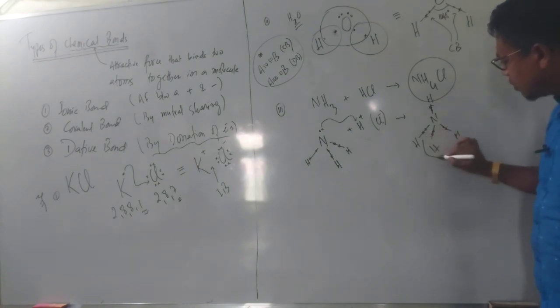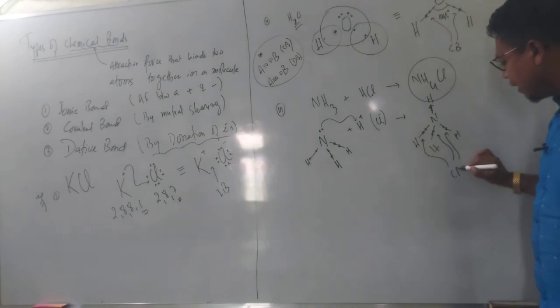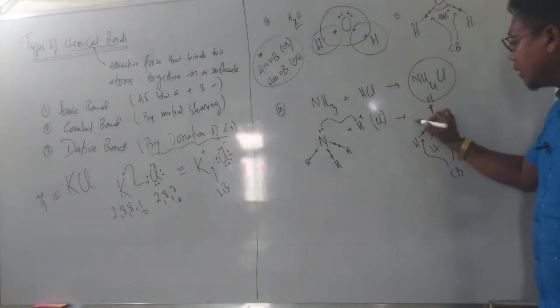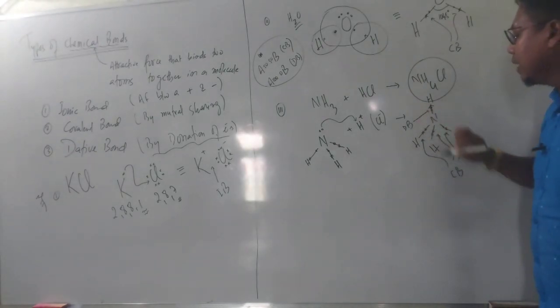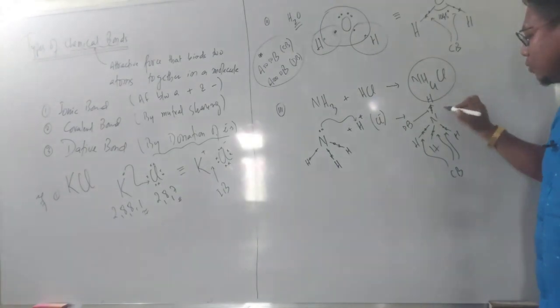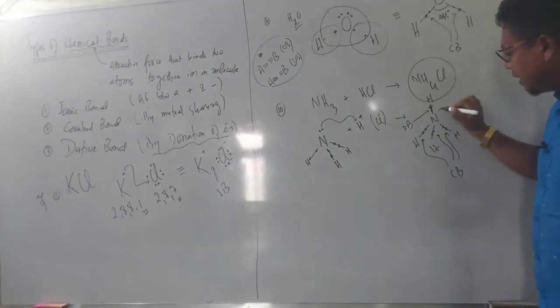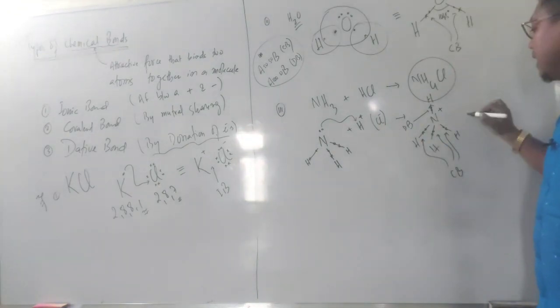So these 3 bonds, they are covalent bonds, while this bond is a dative bond. Okay, so nitrogen donates an electron to hydrogen, so this nitrogen becomes a cation here, and there is an anion, chloride ion here.